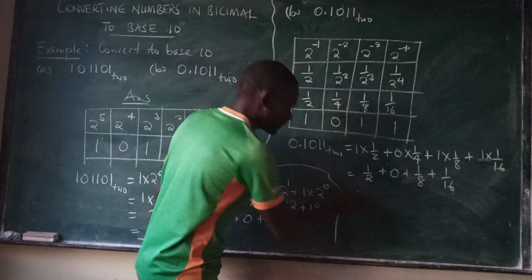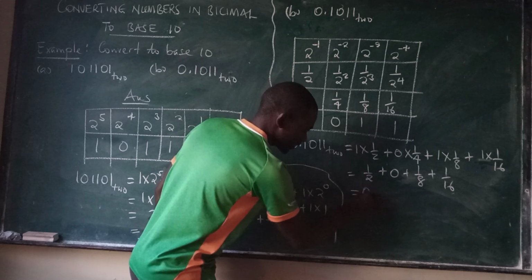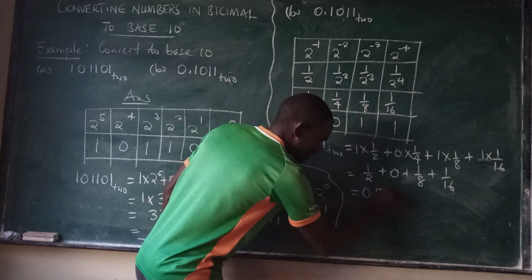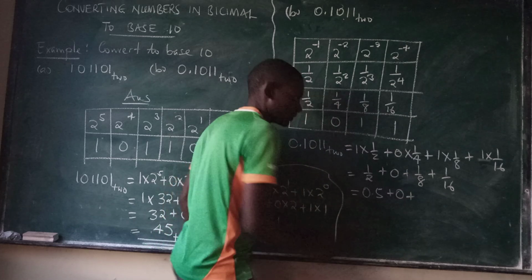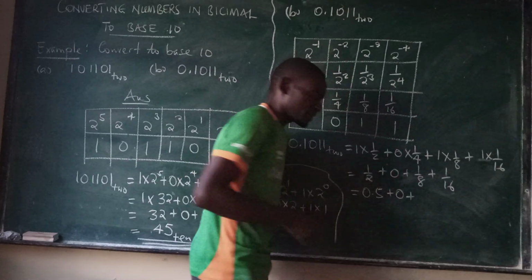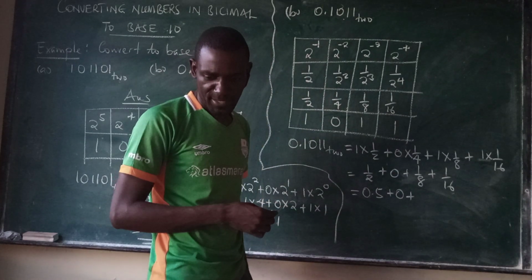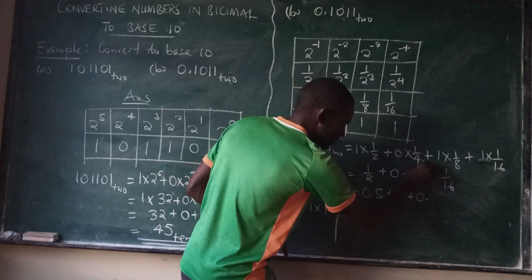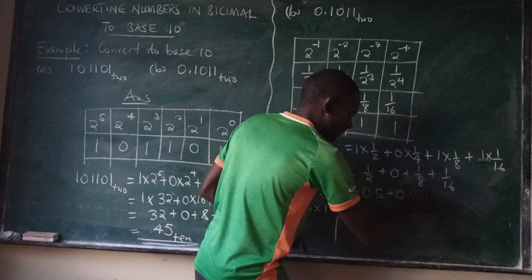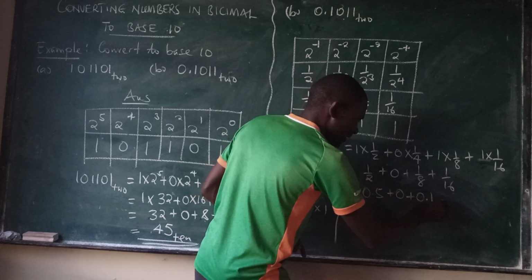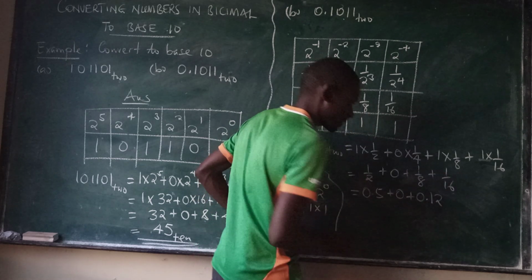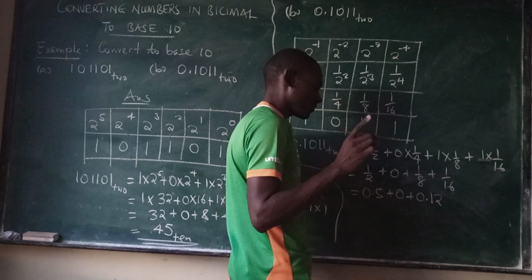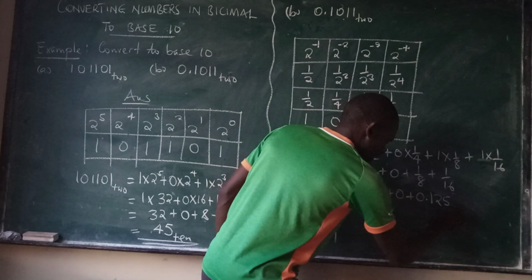For example, half, we know this is 0.5, plus 0. 0 is 0. Then we have 1 over 8. If we convert 8 into that, it is 0 point, into 10, 1, remainder 2, into 20, that is 2, remainder 4, then into 40 it is 5.